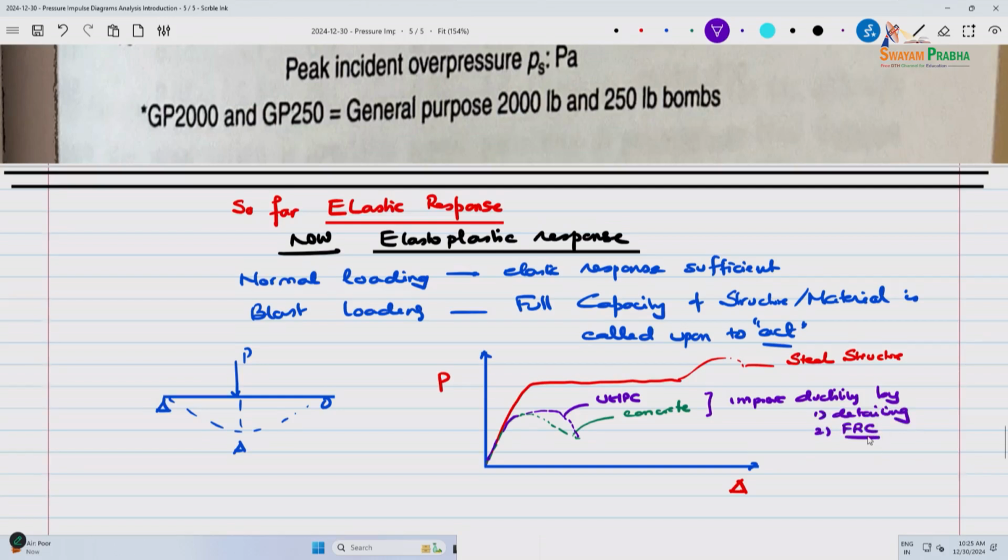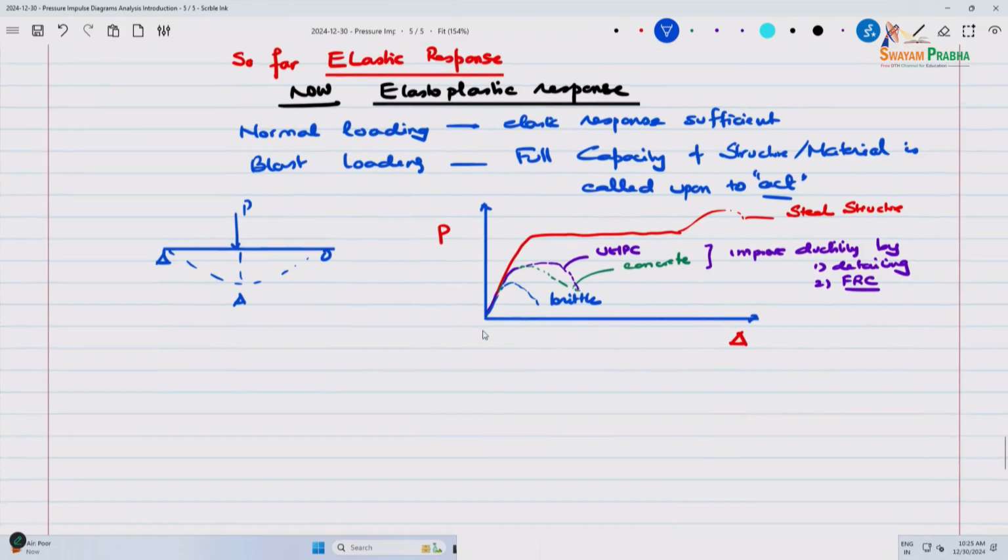UHPC part of it is also using fibers, different types of fibers. Then you can have, of course, brittle behavior, pure brittle behavior with practically no load capacity maintained at the peak value.